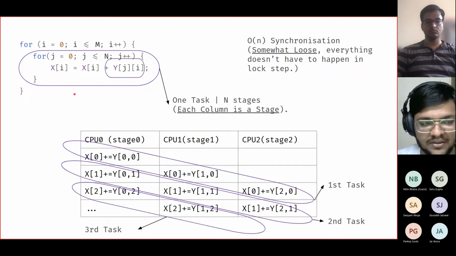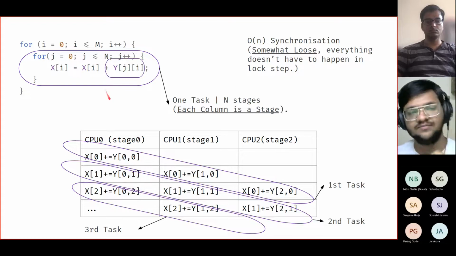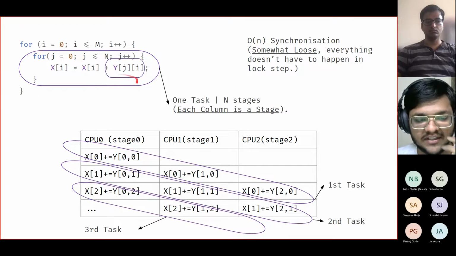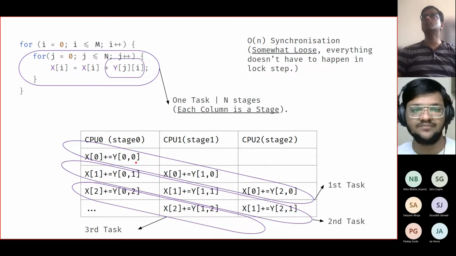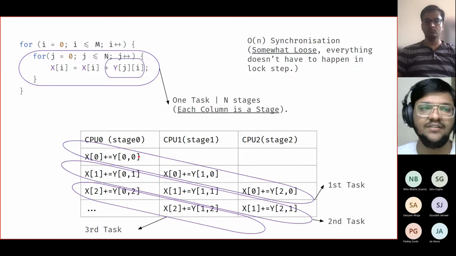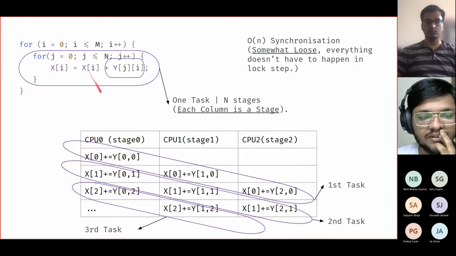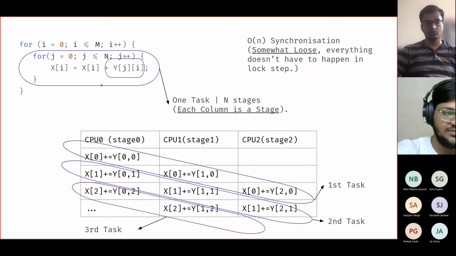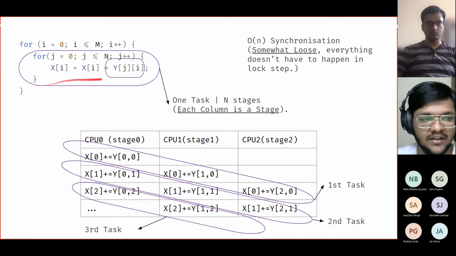As we have talked, our particular CPU 0 is going to execute the jth element. Here, each CPU is going to run the inside iteration.